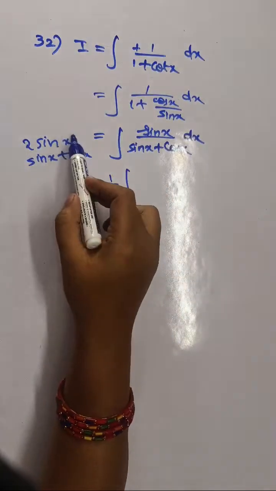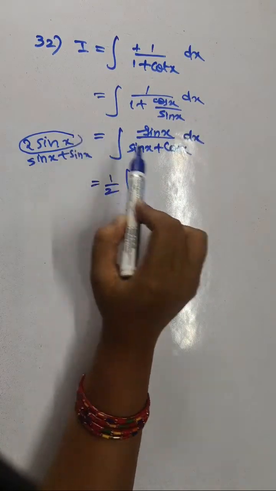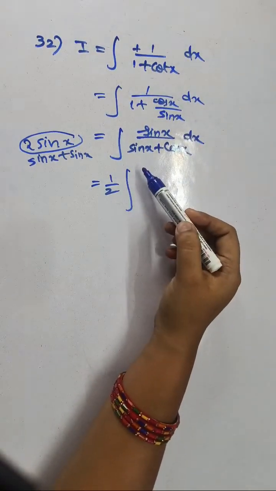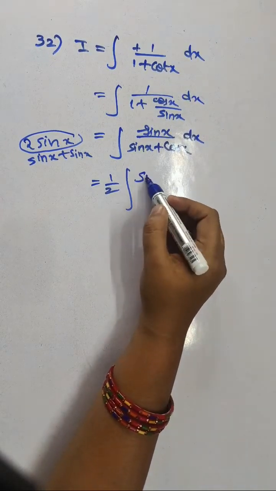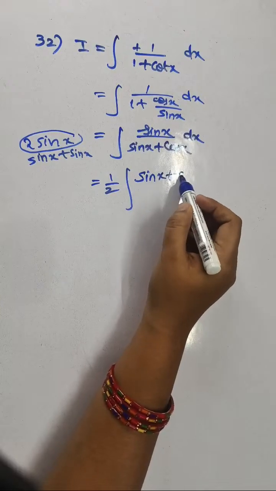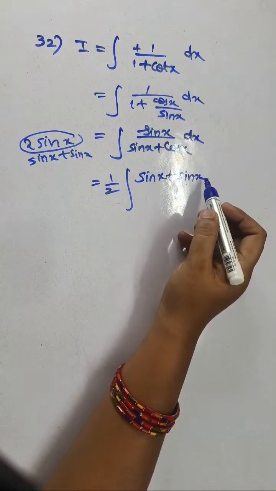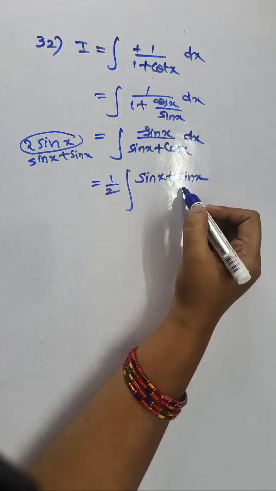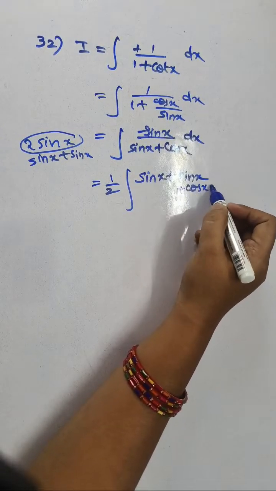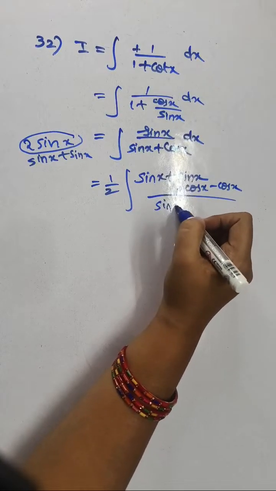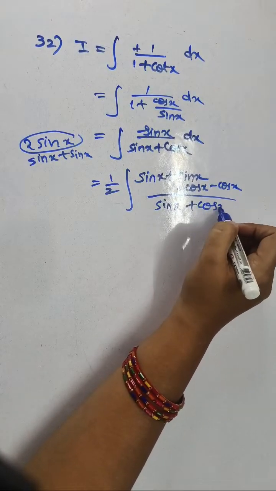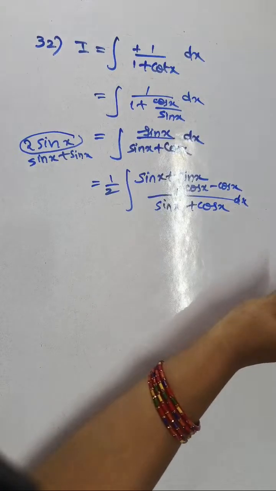So instead of writing 2 sin x in the numerator, as we have multiplied and divided by 2, we are writing it as sin x plus sin x. Is that clear? And now add and subtract cos x.